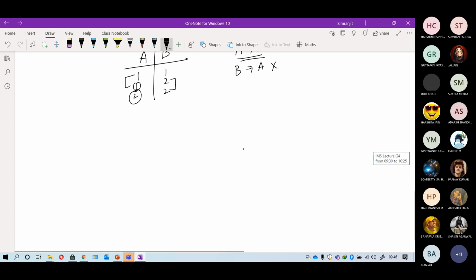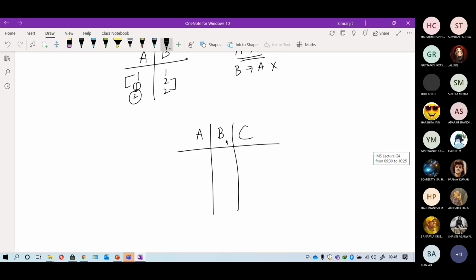Okay, this is very easy. I'll give you one more question. Just answer in the chat box also, if you're comfortable with it. I'll number it. You have to tell me which of the particular functional dependencies hold.